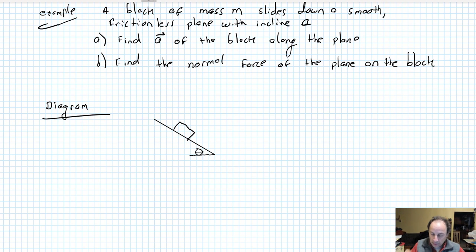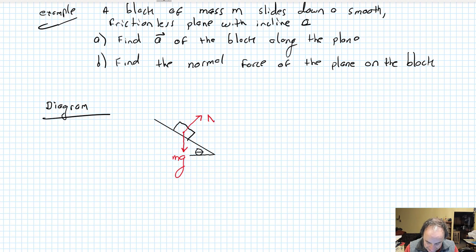So the first thing you always think is weight. So you have the weight, which is mg. It's always acting toward the center of the earth. The normal force, though, is always acting normal or perpendicular to the surface of interest.